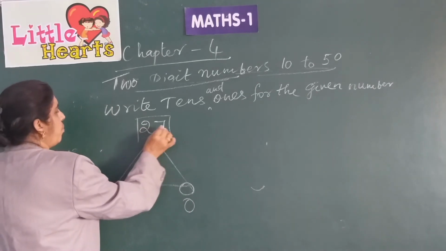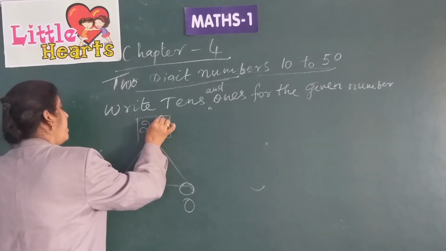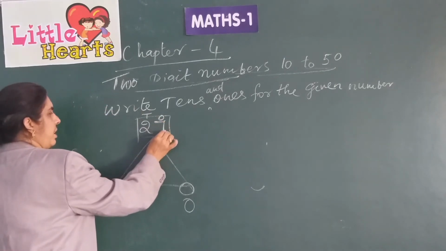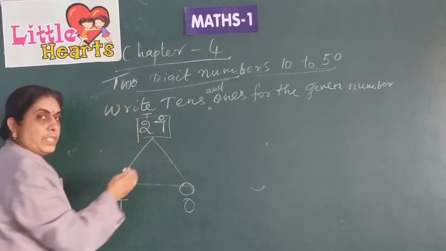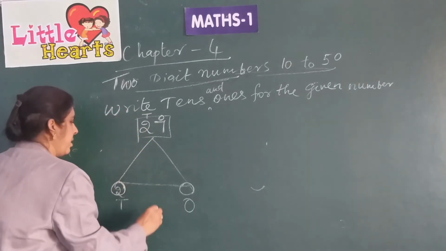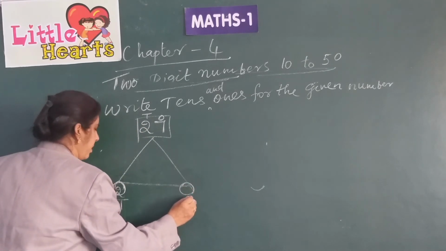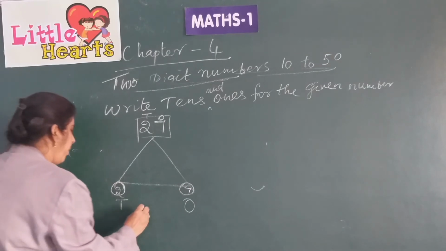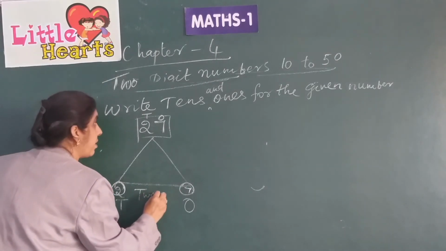See here 2 and 7. 7 in the ones, 2 in the tens. So the first digit from right side always takes ones place, and the next takes tens place. 2 tens, 7 ones. Number name is 27.